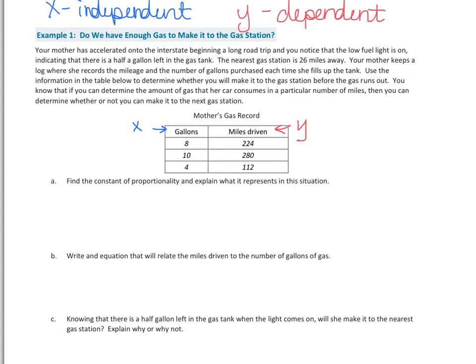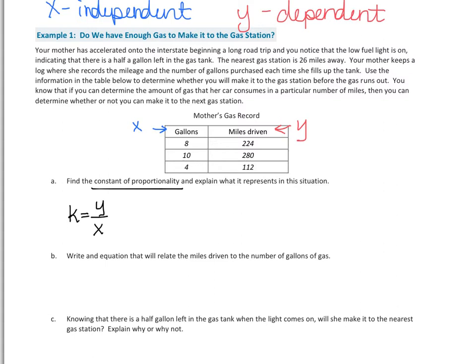Alright, so what we need to do is find the constant of proportionality and explain what it represents in the situation. So if you remember, the constant of proportionality is finding that K value, which is found when we take any Y value divided by X value. And we want to make sure that this relationship is proportional, so we're actually going to do this 3 different times.